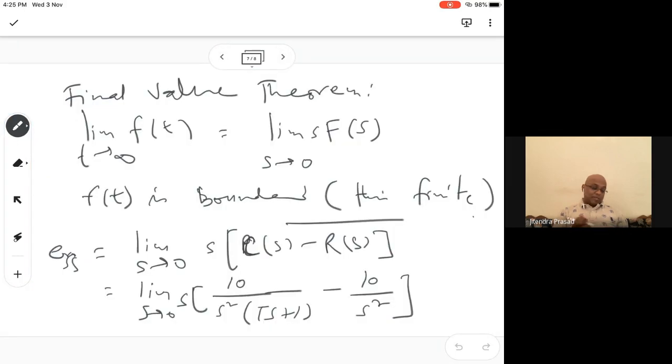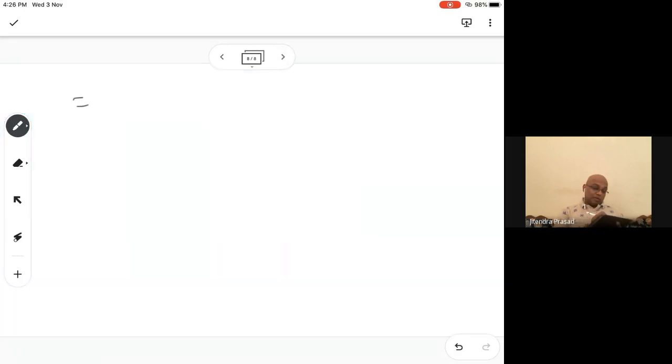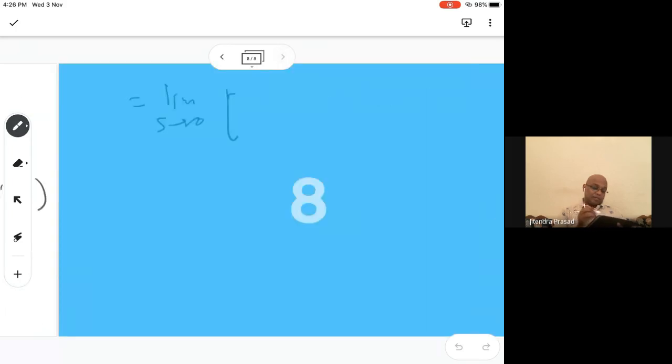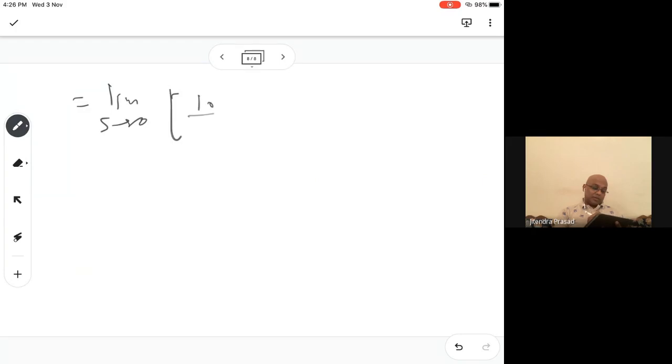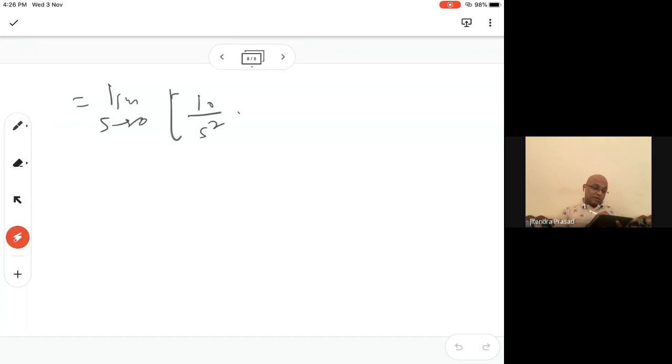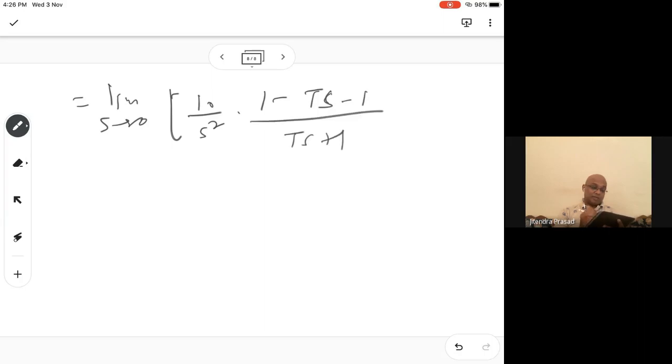The limit as s tends to 0, and then we have 10 over s square, that's common, so it comes like this: 10 over s square, and then we have 1 over Ts plus 1 minus 1, that is, 1 minus Ts minus 1 over Ts plus 1.